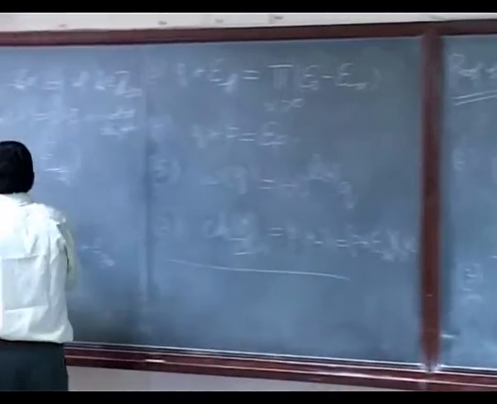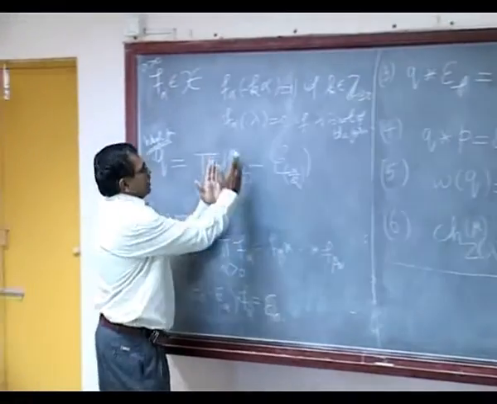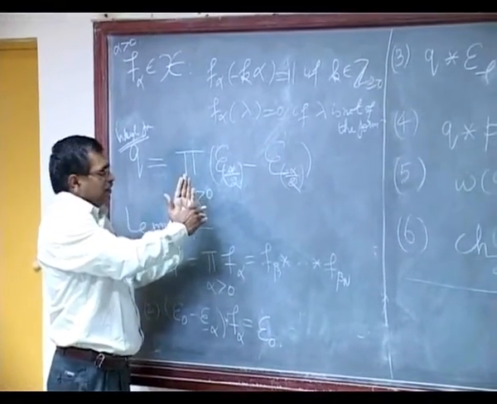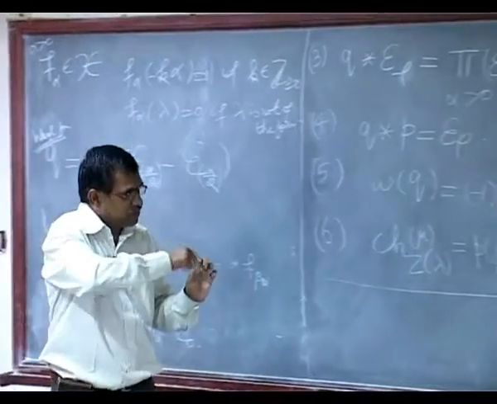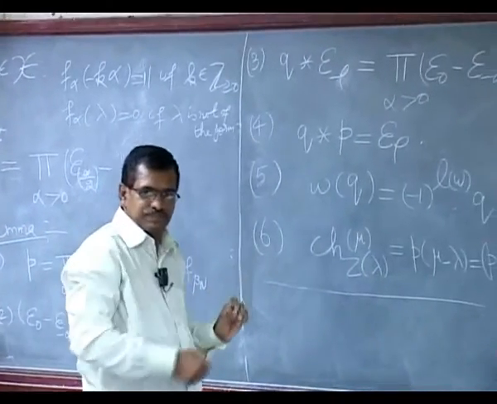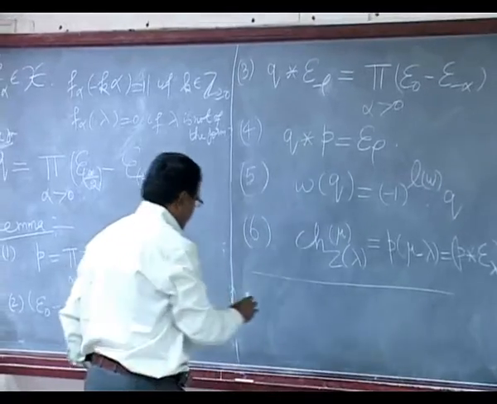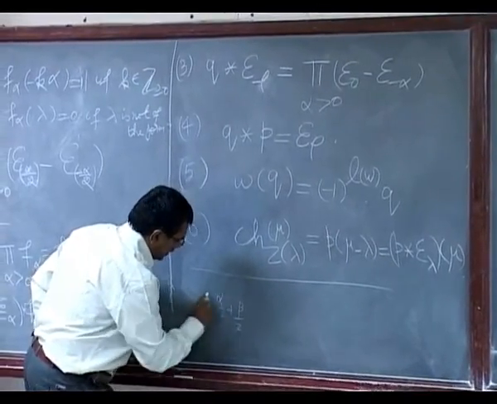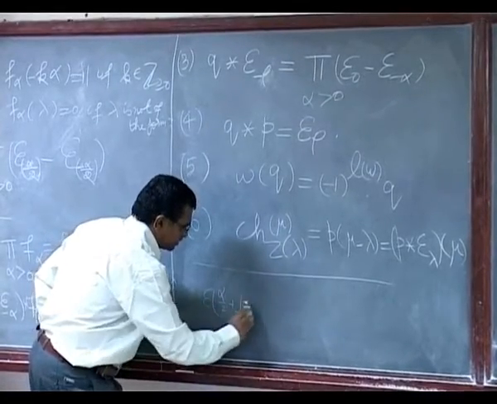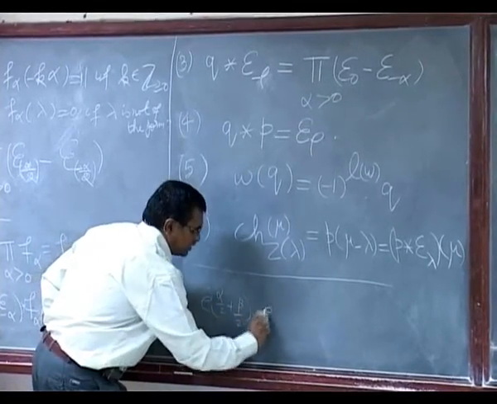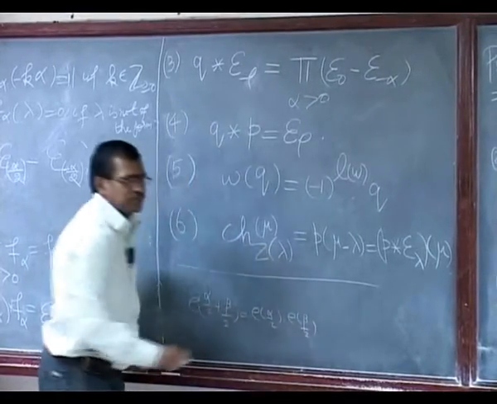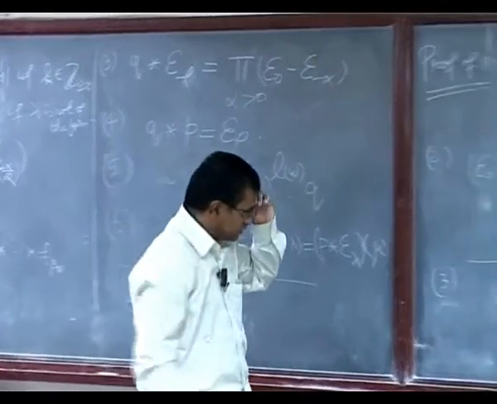Therefore I can write half running over this part sigma of... that is like the product, because in the group ring, E of alpha by 2 plus beta by 2 is E of alpha by 2 into E of beta by 2. So then I have to take the product.